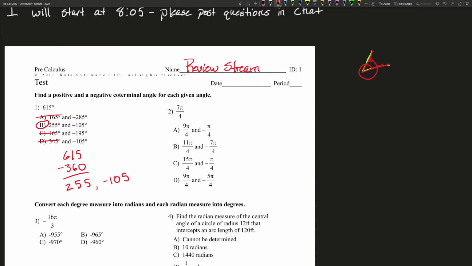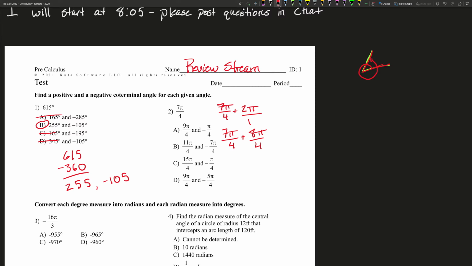Okay. Same thing for 7 pi over 4. We need to add 2 pi or subtract 2 pi. All right, so if we add 2 pi, we have to add fractions. We need a common denominator, so this is really 7 pi over 4 plus 8 pi over 4. That's the same as 2 pi.